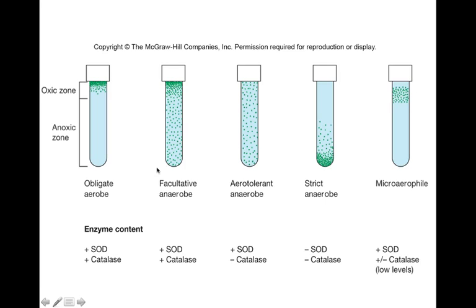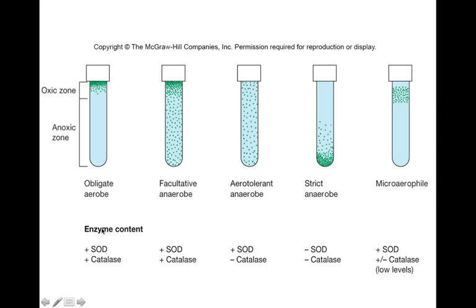And part of where you find these microbes growing is based on their enzyme content, so whether or not they have superoxide dismutase and catalase. So these are enzymes that can detoxify toxic forms of oxygen. And so in order to grow with oxygen around, they need to have at least some of these enzymes around.